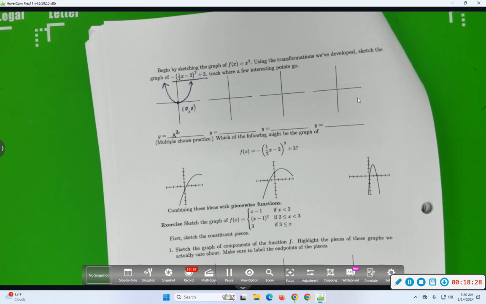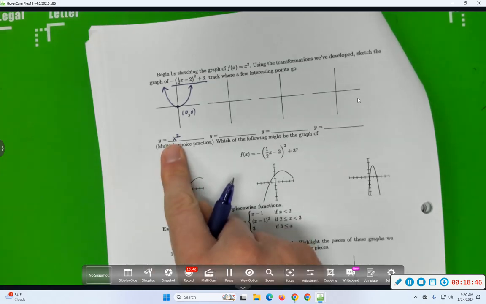Any other points you'd like to track on this? I think that list is sufficient. Maybe you think the fact that it goes through (1, 1) and (-1, 1) is interesting, but label those if you want to. Okay, cool. There's the graph of x squared.